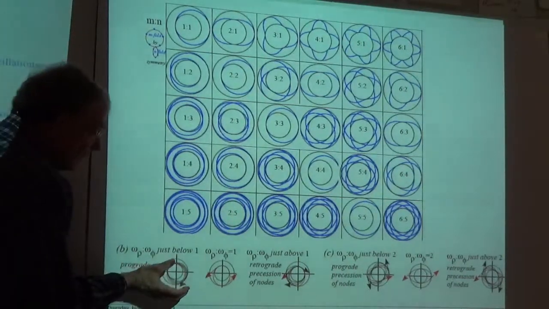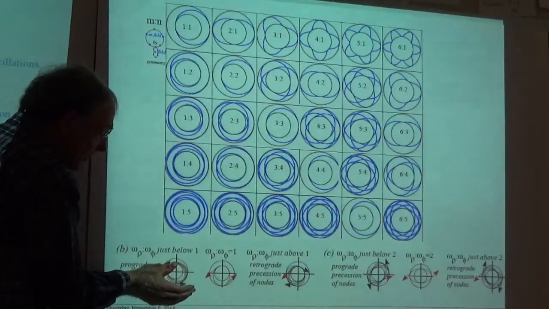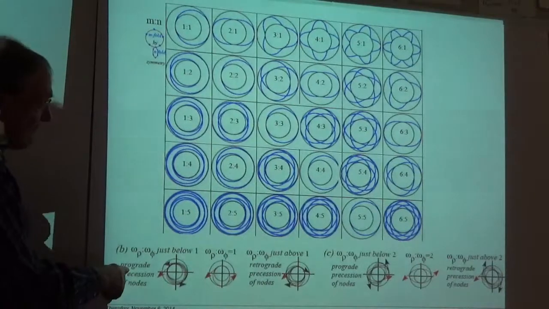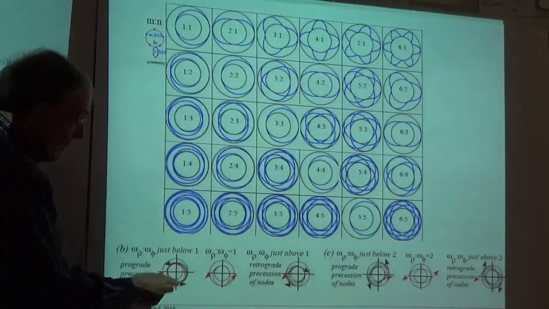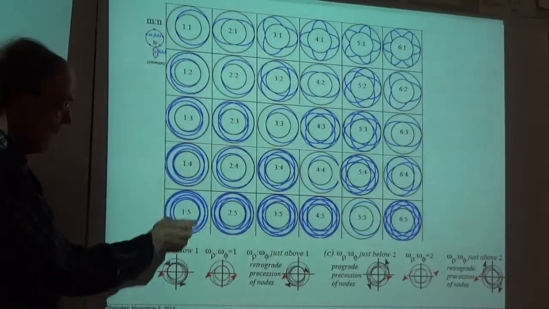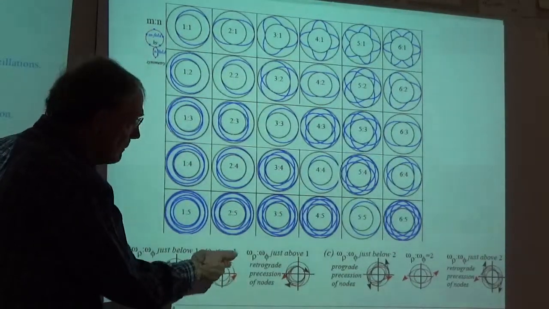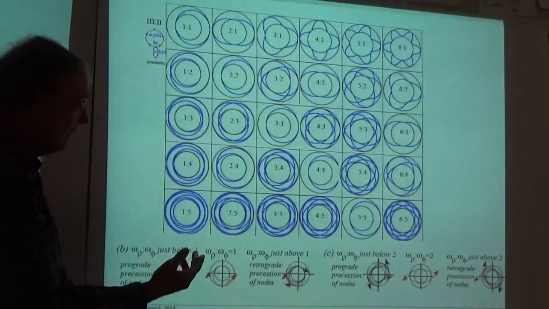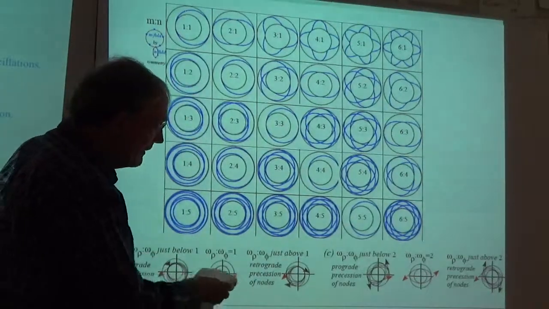That is, the actual object, this little loop here, will appear to precess in the same direction as the actual motion of the point in this graph. Now, when you're just the other way, if you're just a little above 1, say 1.01 or something like that, you get a retrograde precession of nodes.